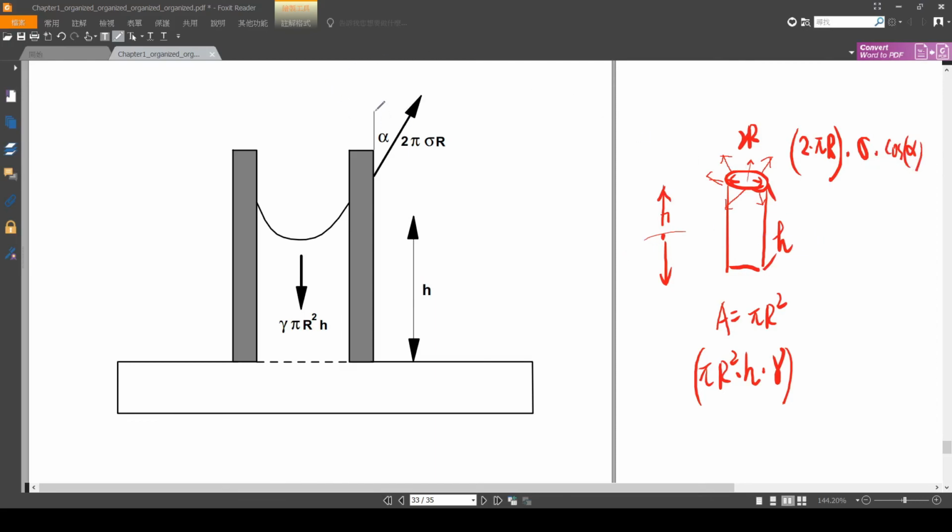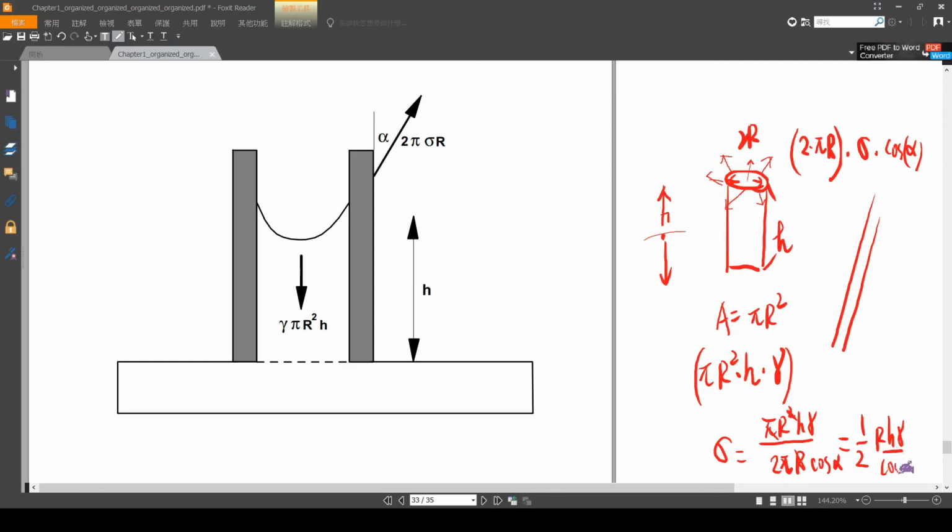We assume the angle here is alpha. Then these two are the same, and therefore we will get our surface tension here, right? So it works like sigma equals pi r squared h gamma divided by 2 pi r cosine alpha. And if you do some math, then you will get this is half r h gamma divided by cosine alpha. Okay, very simple, very easy.